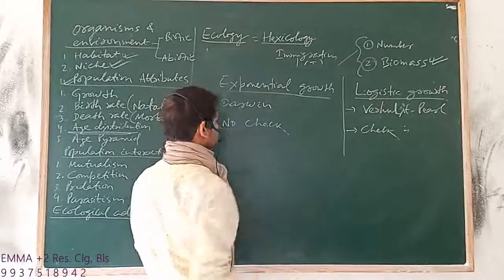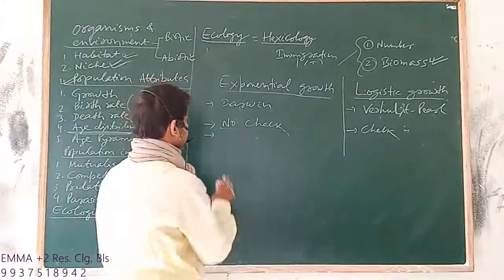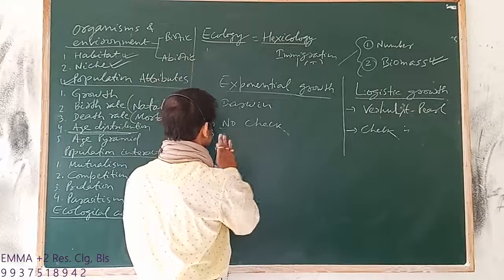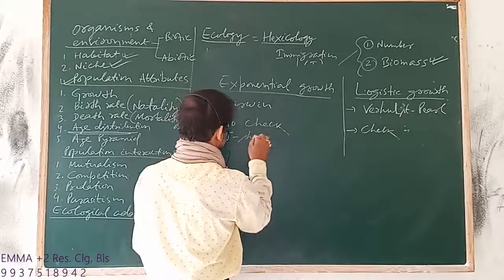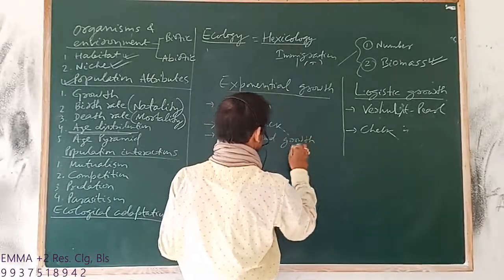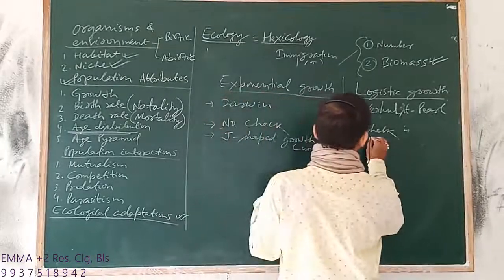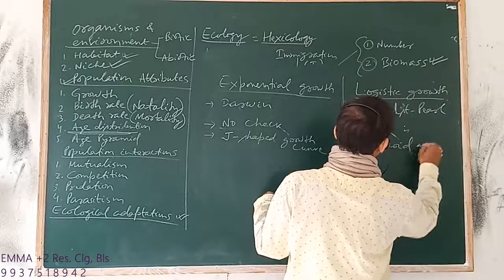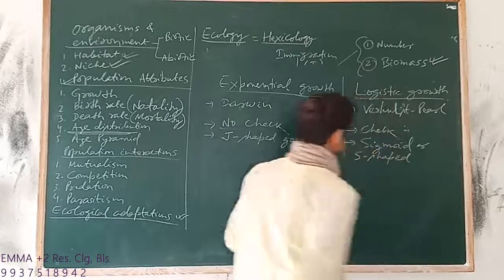Then another differentiating point, exponential growth or J-shaped growth curve. Here the growth curve is sigmoid or S-shaped, sigmoid or S-shaped growth curve.